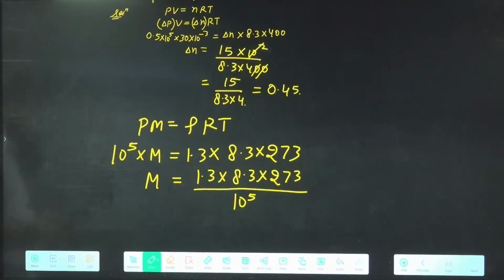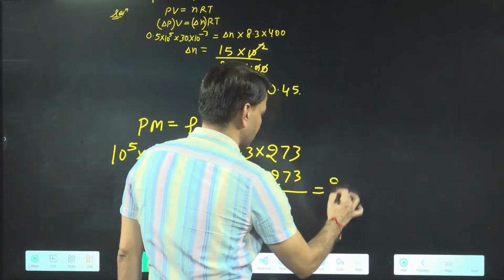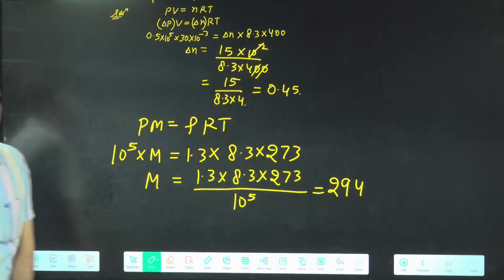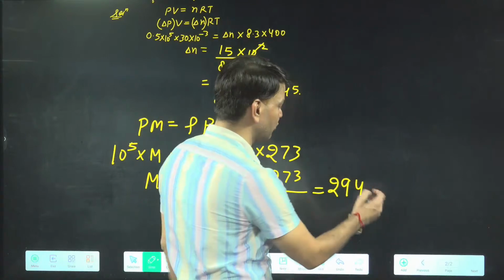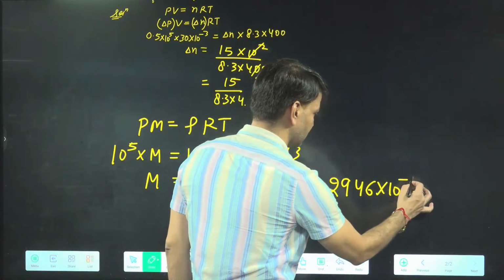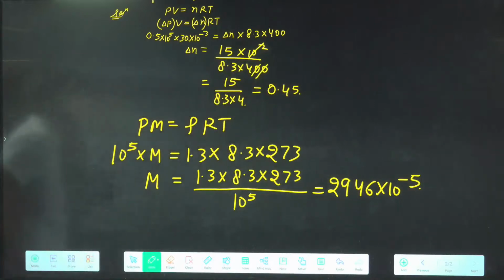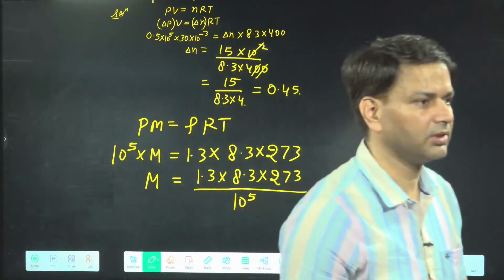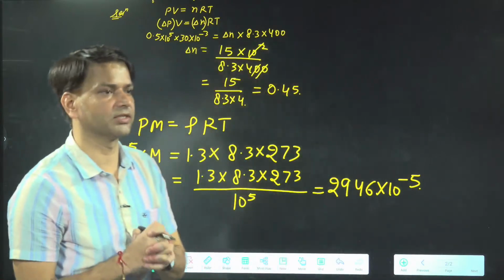So that is 1.3 into 8.3 into 273. 2945 or 2946 we can take, into 10 to the power minus 5. Now everybody got 2945 or 2946, approximately you can take. That's not a problem.